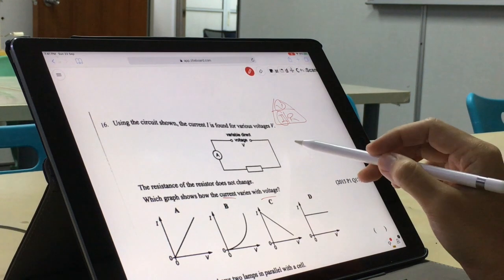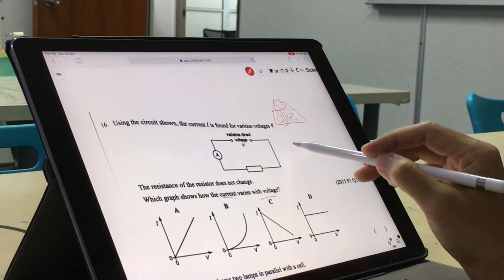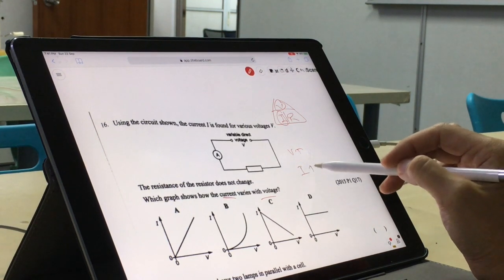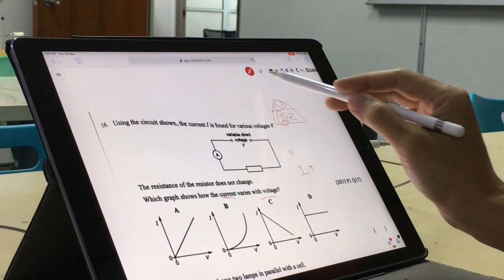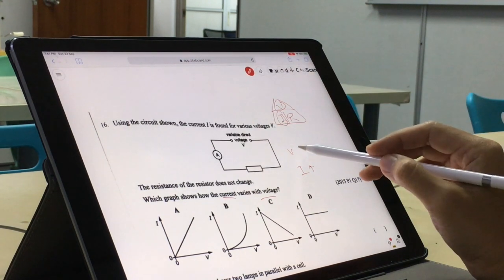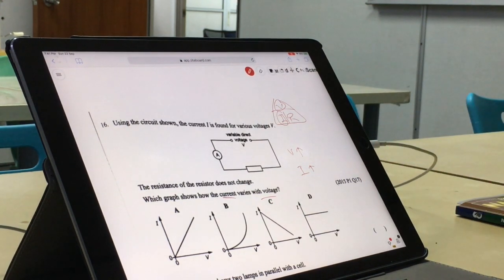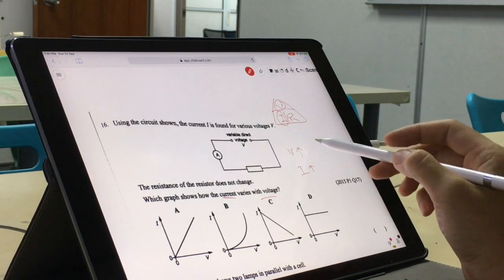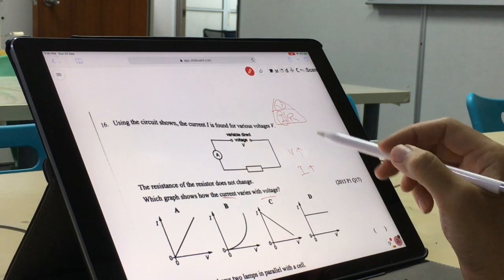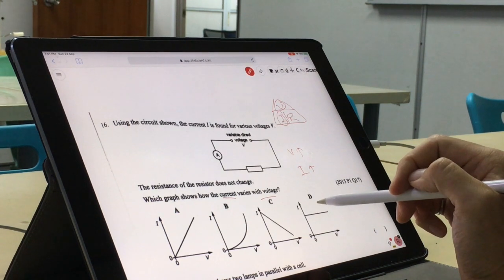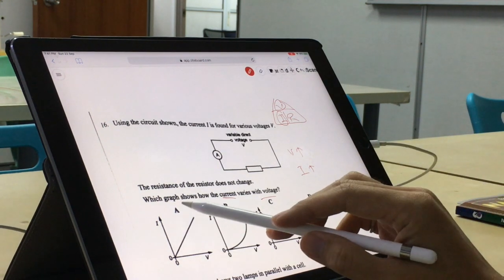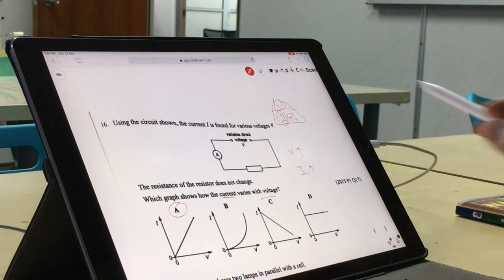That means when voltage increases, when V goes up, I also goes up. It's like if you use a very powerful battery, the current will be very strong. Does it make sense? So the answer is A.